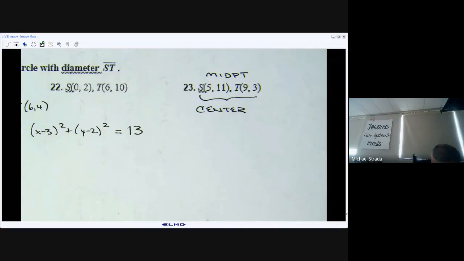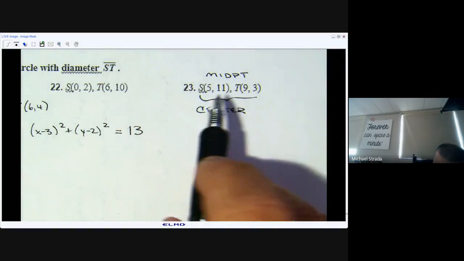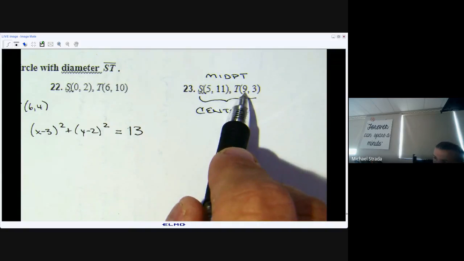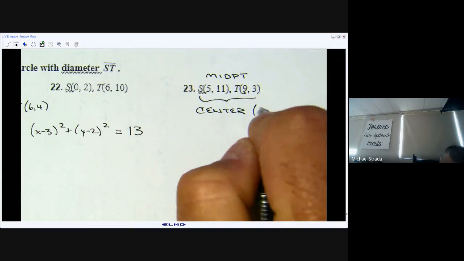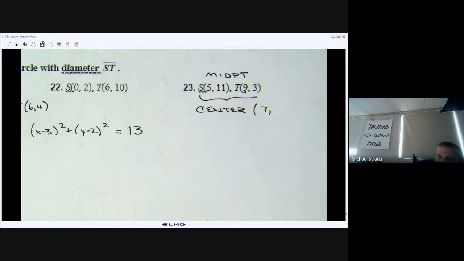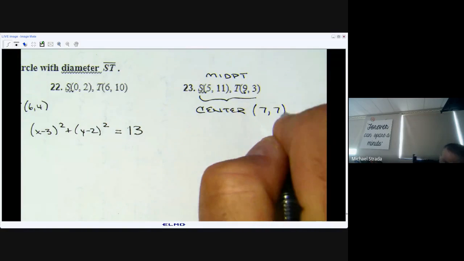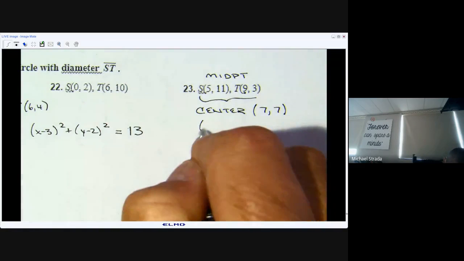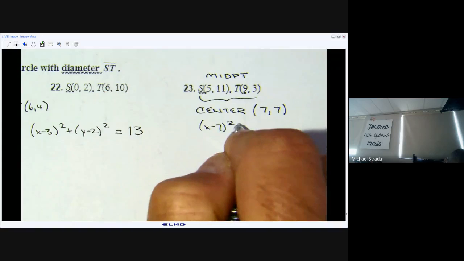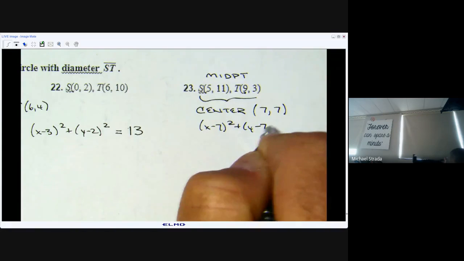Midpoint is the average, so we're just going to add up and divide by 2. 5 plus 9, 14, half of 14, 7. 11 plus 3 is also 14, and half of 14 is 7. So I got x minus 7 squared plus y minus 7 squared.